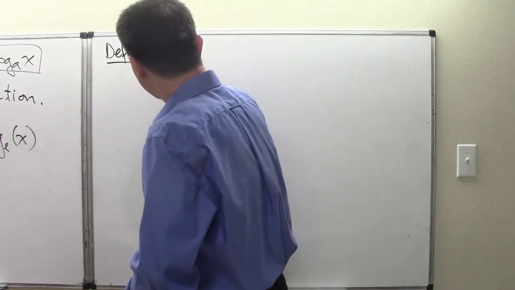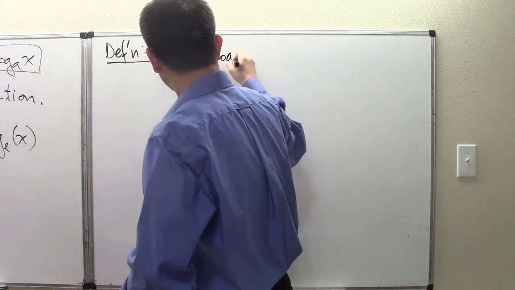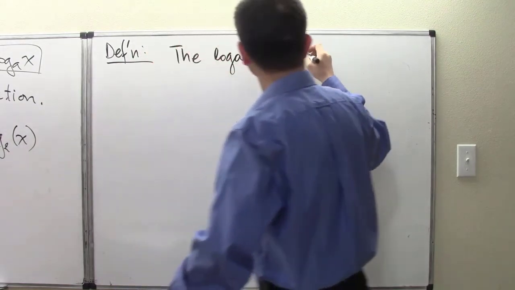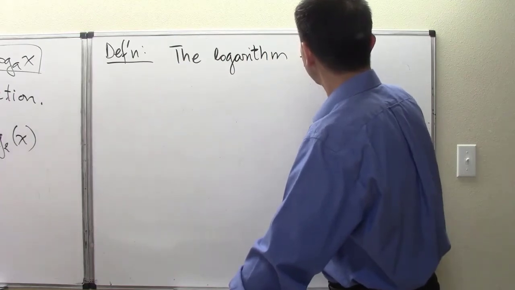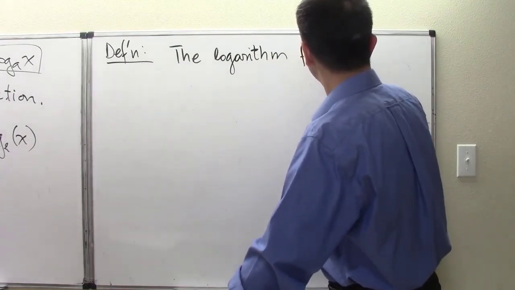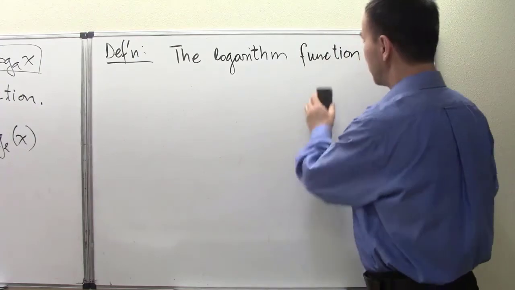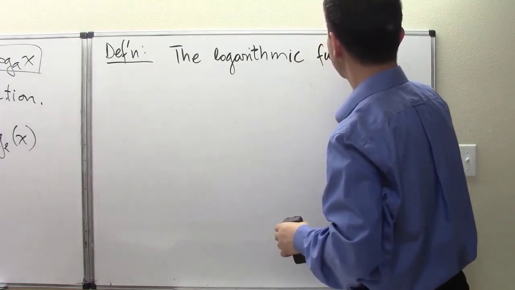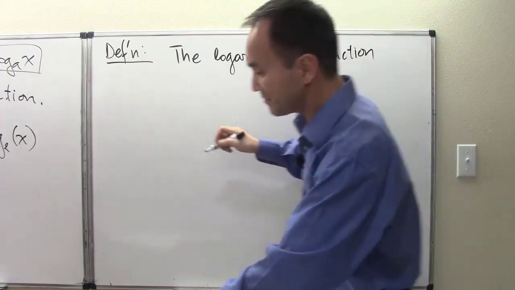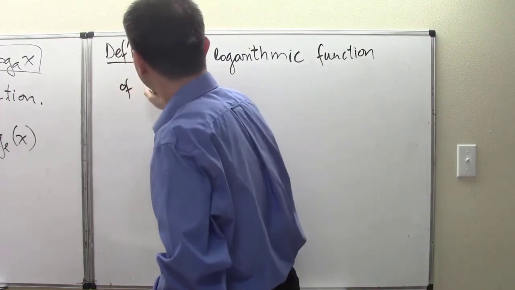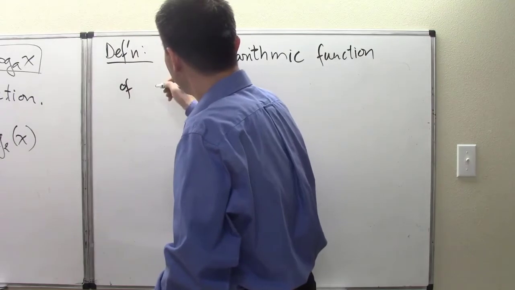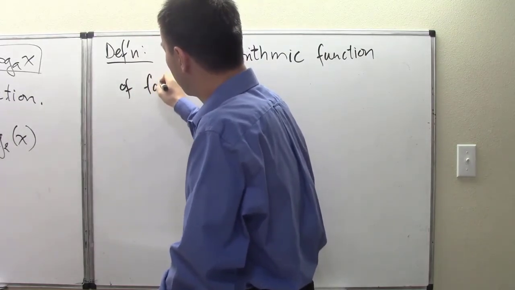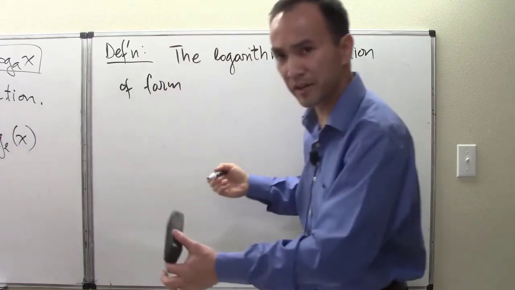So the logarithm function, or precisely speaking, the logarithmic function of the form. For now, all logarithmic functions we have learned are only of the form as following, and this is the only one that we call a logarithmic function.